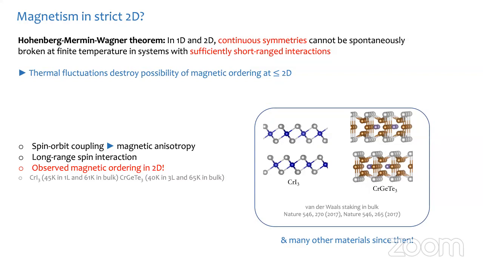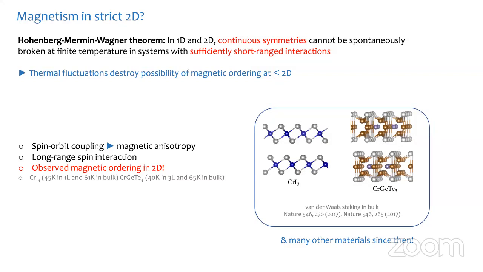So that's one opportunity out of this theorem, which blocks ordering at 2D. Also, the magnetic interaction can be long range, which is beyond the requirement of this theorem, where a sufficiently short range interaction was necessary. So in fact, if you think a little carefully here, you would see that there is no clash between this theorem and having an ordering in 2D.